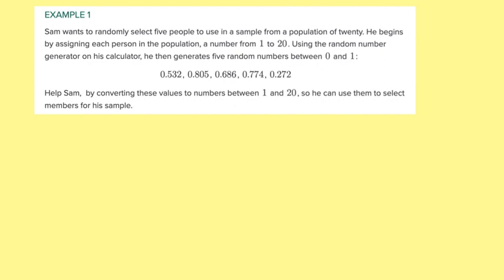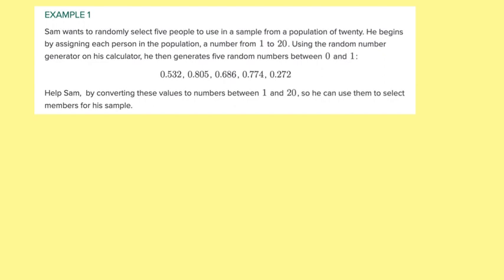Using the random number generator on his calculator, he then generates 5 random numbers between 0 and 1: 0.532, 0.805, 0.686, 0.774, and 0.272.